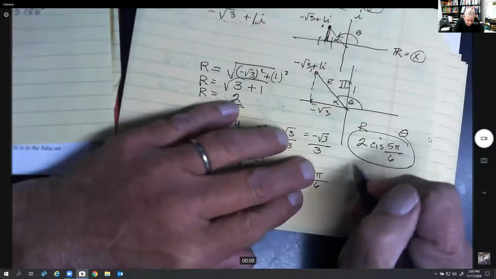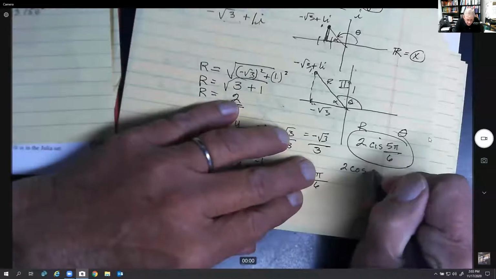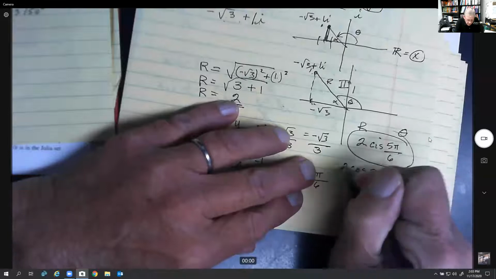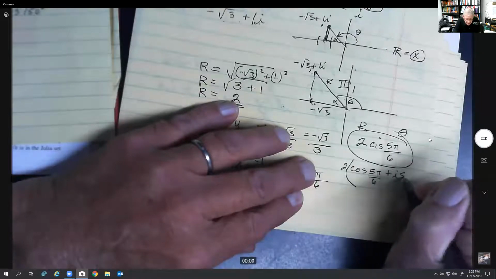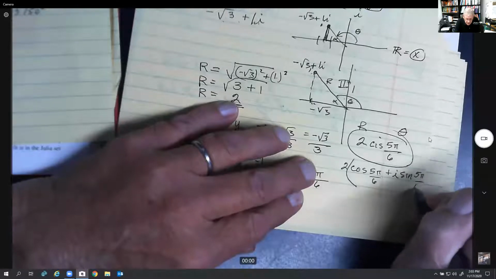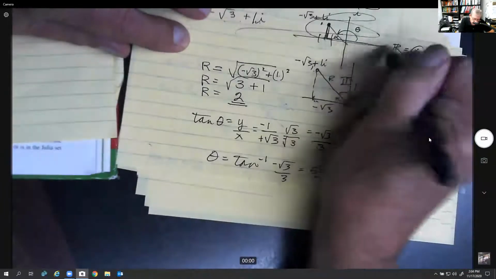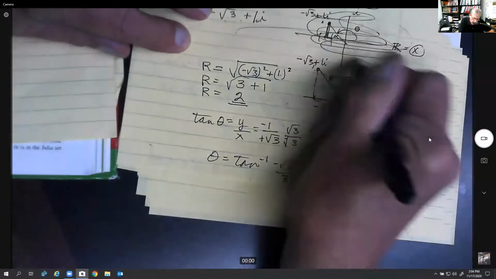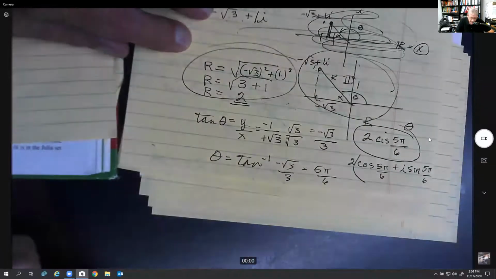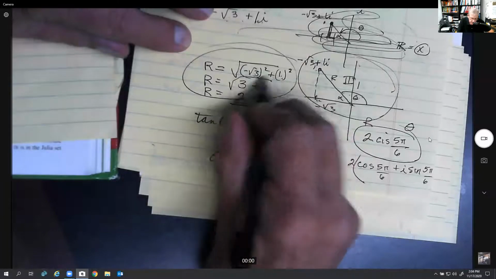If you want to expand it out, you could say this is 2 cosine 5 pi over 6 plus i, 2 times the whole thing, i sine 5 pi over 6. So what do we have to do? We did a drawing, kind of a crummy one there, and from that drawing we were able to figure out what r is, x squared plus y squared.